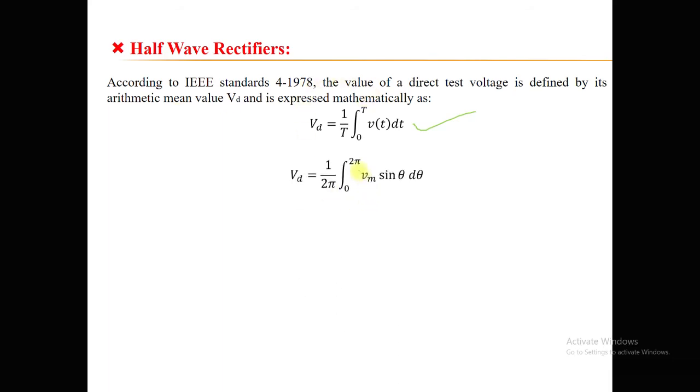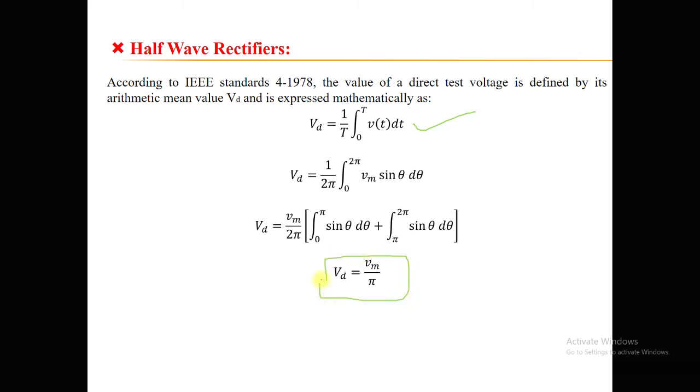So if I am considering the complete cycle, it is 1 upon 2 pi integral 0 to 2 pi Vm sin theta d theta. So V of t is your sinusoidal voltage. When I take the integration, at the end I get the mean voltage value for this half wave rectifier as Vm upon pi. So this will be the mean value of the voltage.